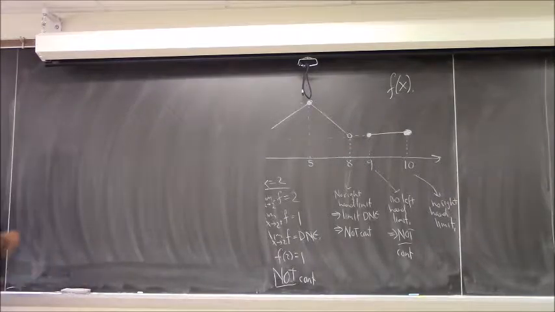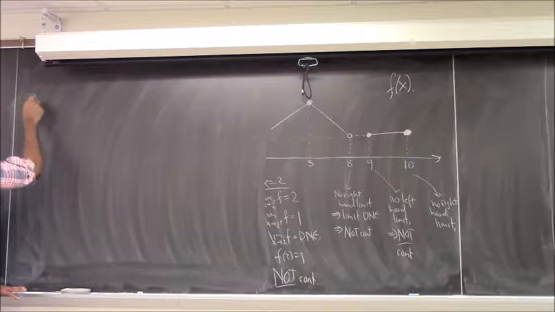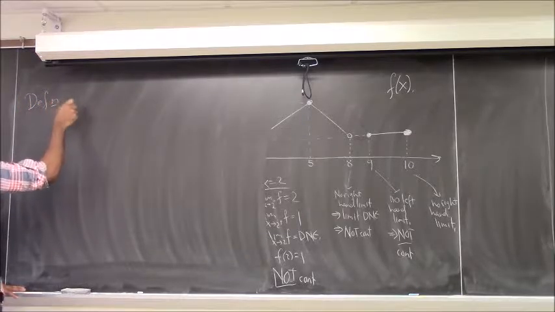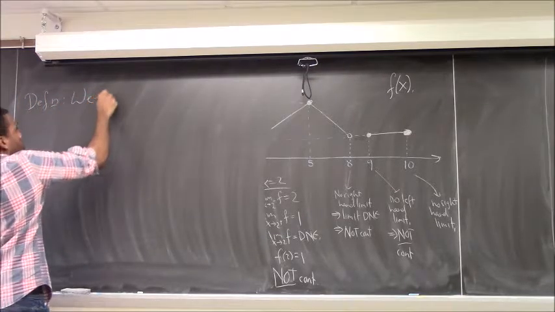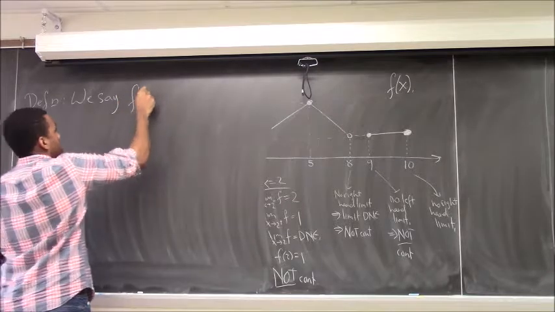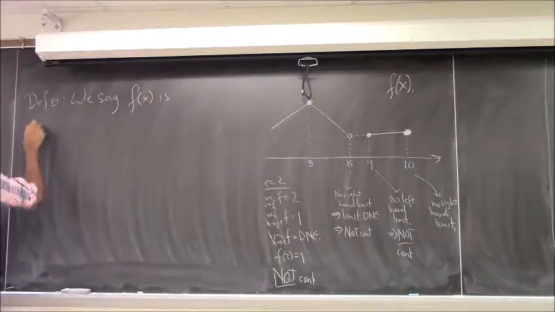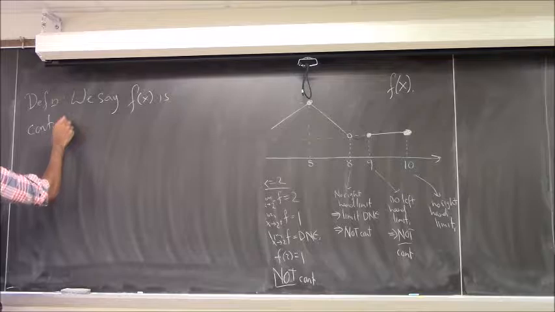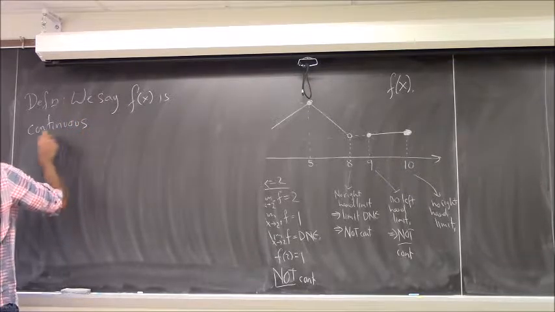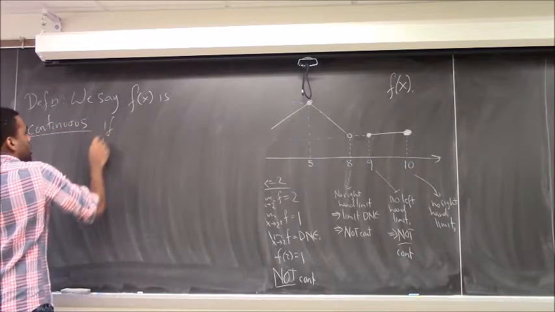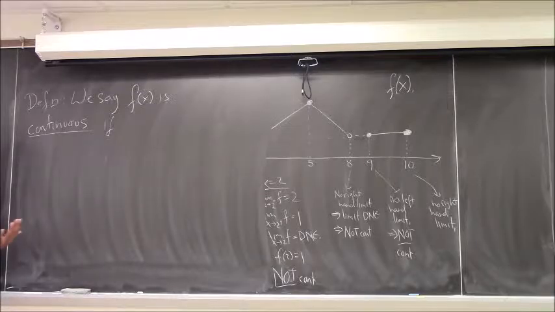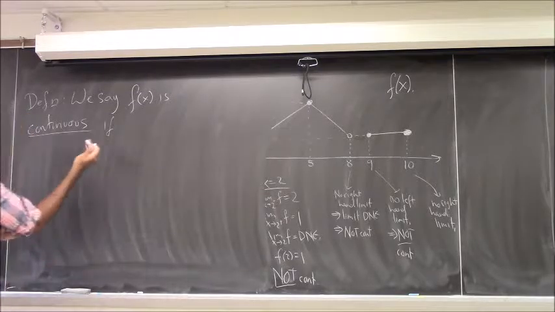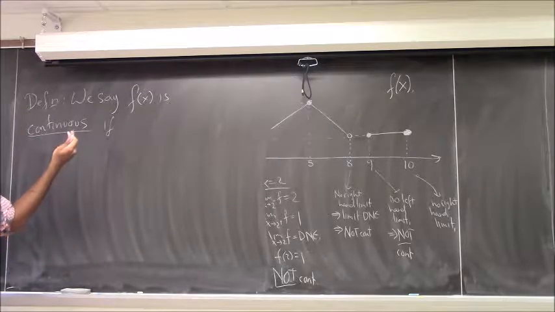We can also talk about continuity in general. We say f of x is continuous if, right, so before we talked about continuous at a point, here I'm just talking about continuous in general.